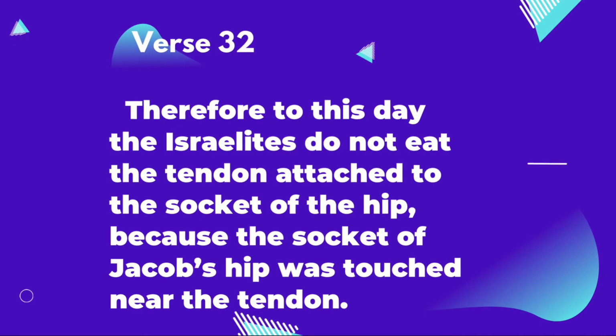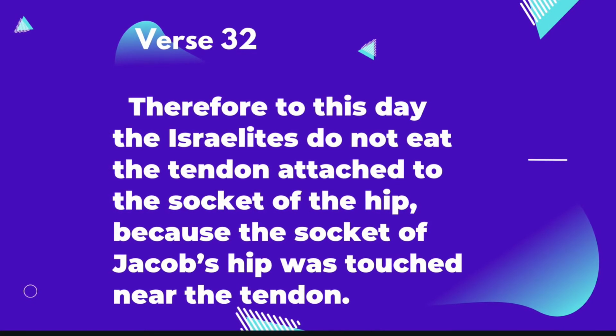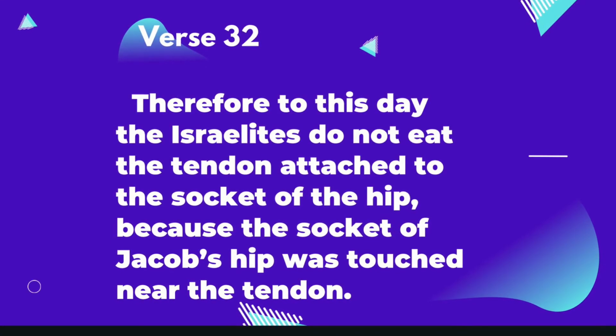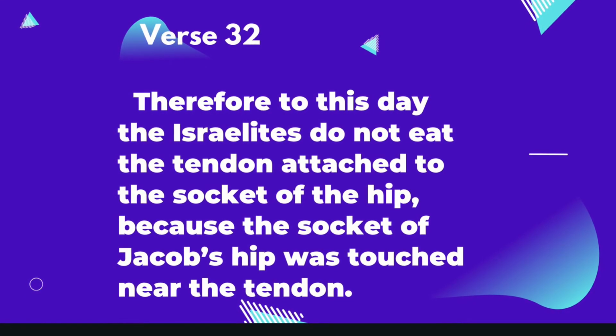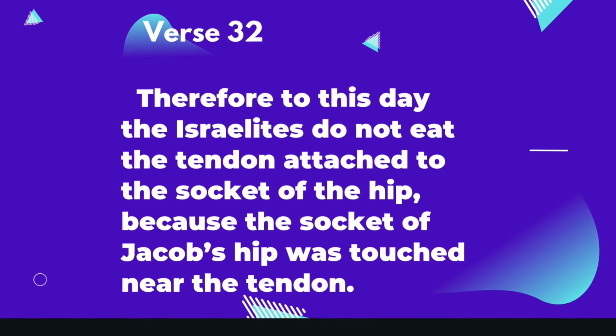Verse 32. Therefore, to this day, the Israelites do not eat the tendon attached to the socket of the hip, because the socket of Jacob's hip was touched near the tendon.